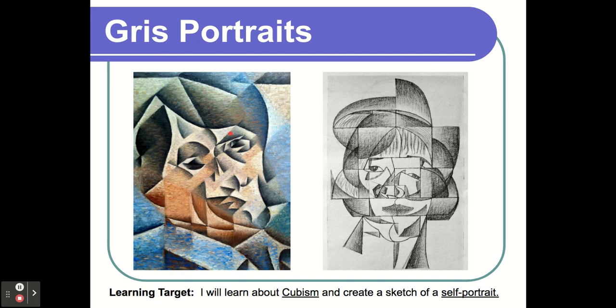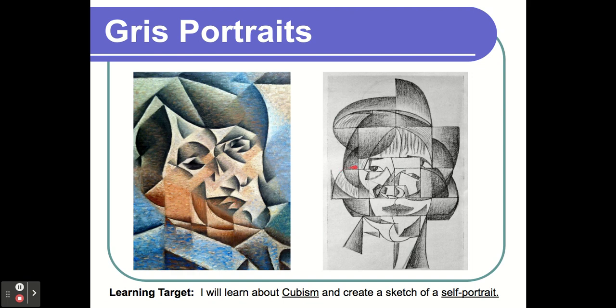So again, I see that idea of things being divided by straight lines. But with Gris, those lines aren't always harsh and dark. Sometimes those lines are almost invisible. But still, it's that idea of the nose looking like it's broken into several pieces, and an eye turned one way while the mouth turns another way.